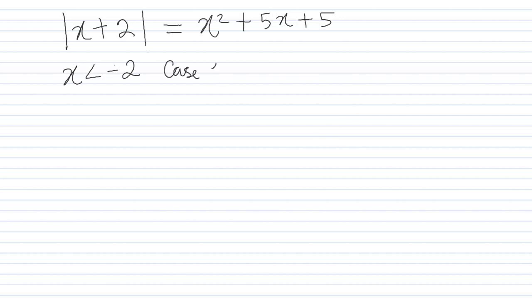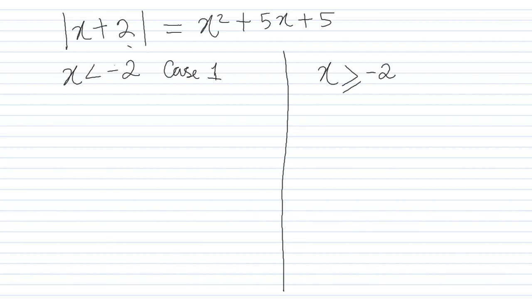Okay, I know this is new for many students. And then you have another case where whatever is enclosed in the absolute value is either going to be 0 or a positive number. Just so you know, the absolute value of 0 is 0. The absolute value of a positive number is just going to be that positive number. So you have here x is greater than or equal to -2, right?